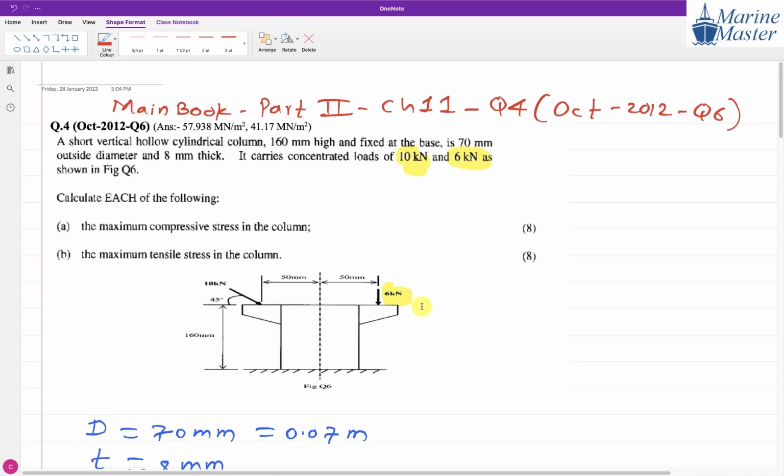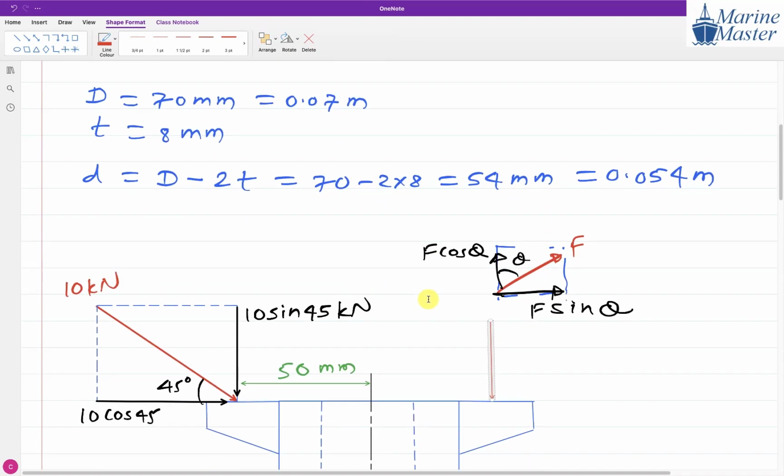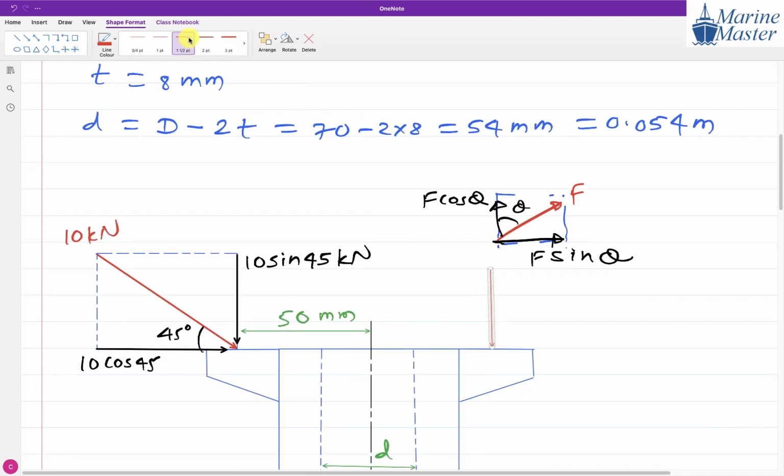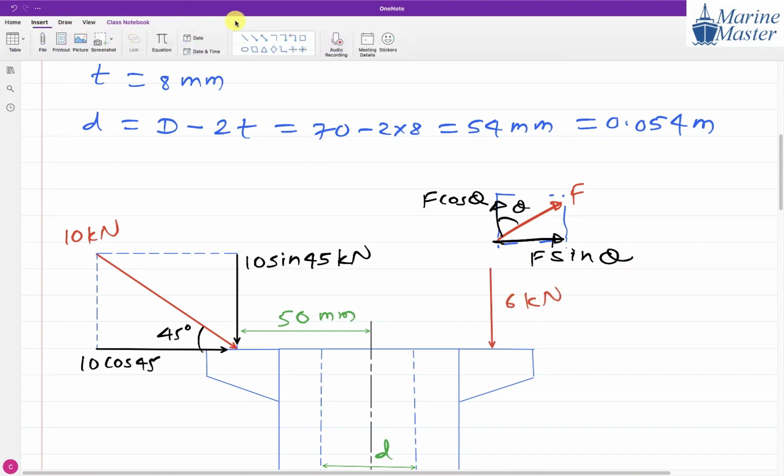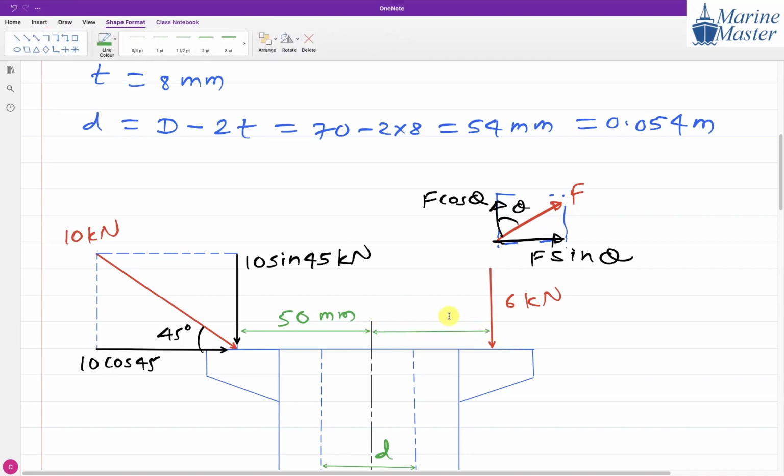What do we have? 6 kilonewton. So the other force is 6 kilonewton. And from here to here, what will the scenario be? 50 mm. Same 50 mm.